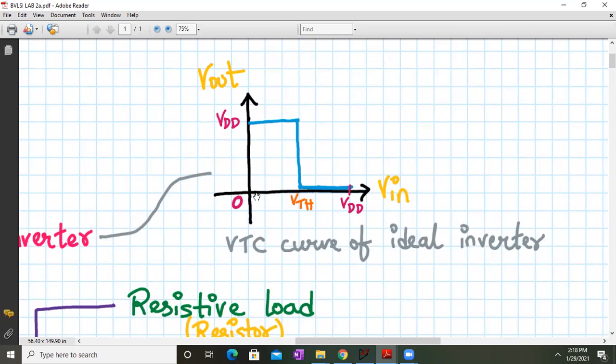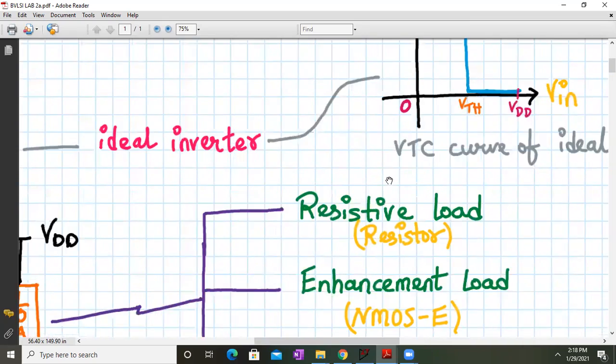So when input is low, output will be high, and when the input is high, output will be low. This describes the ideal VTC curve for an ideal inverter, and the transition from the high to low state at the output is very drastic. It's actually like a step. Okay, so let's go further.